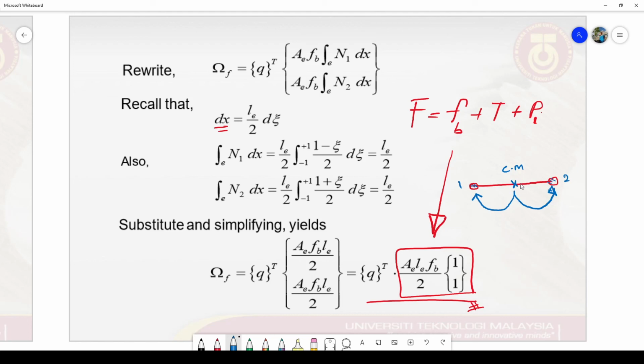So the force at the center of mass should be divided by 2, distributed equally to the 2 nodes, node 1 and node 2.